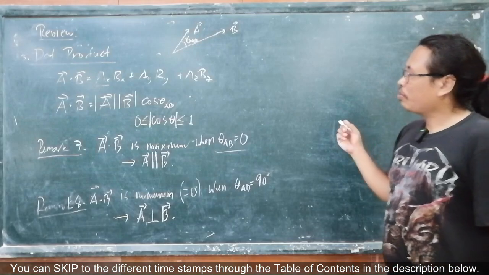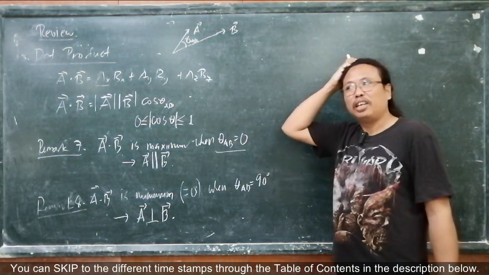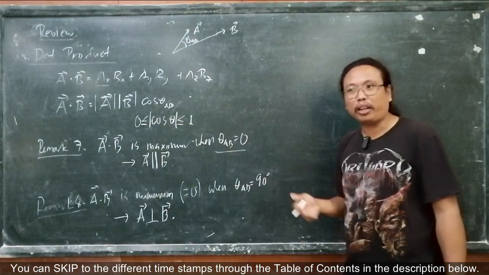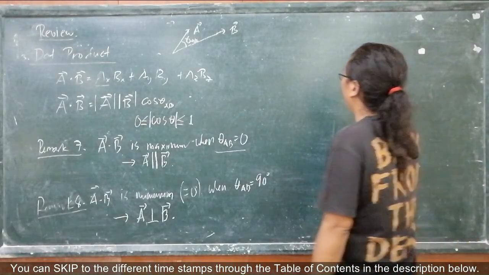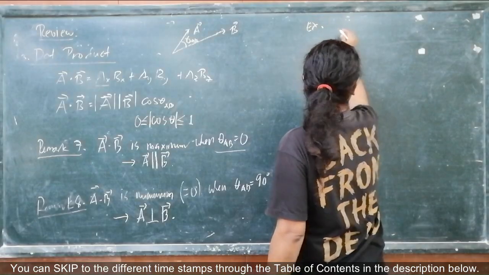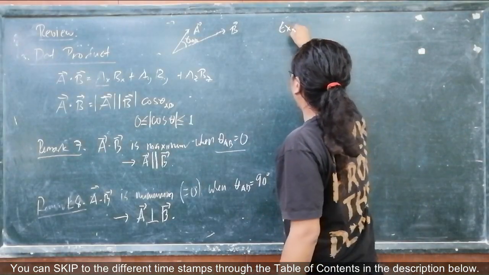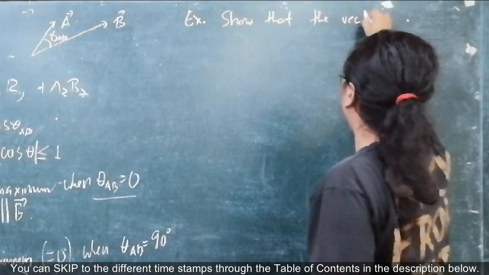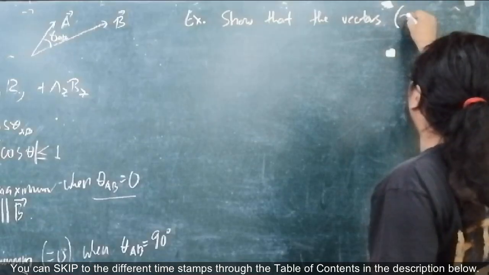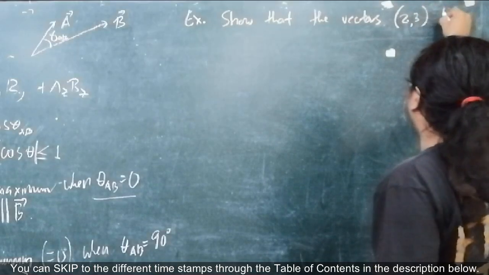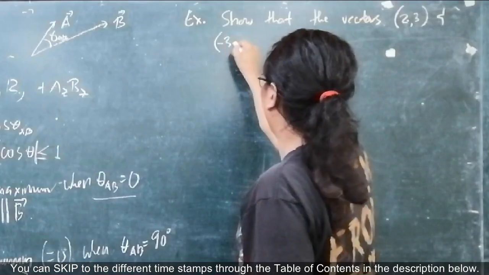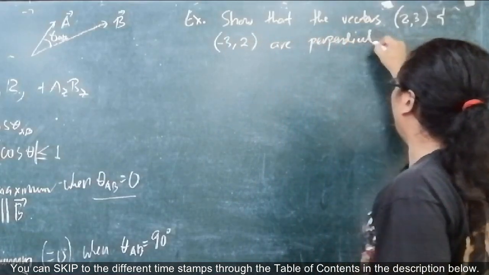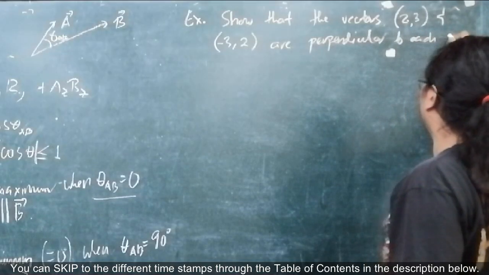If the vectors are written in Cartesian form, then it's not actually that easy to see that two vectors are perpendicular. Now, for example, show that the vectors (2, 3) and (-3, 2) are perpendicular to each other.